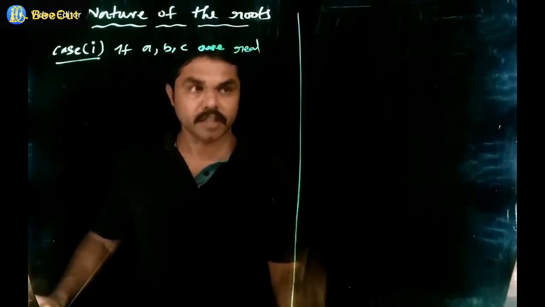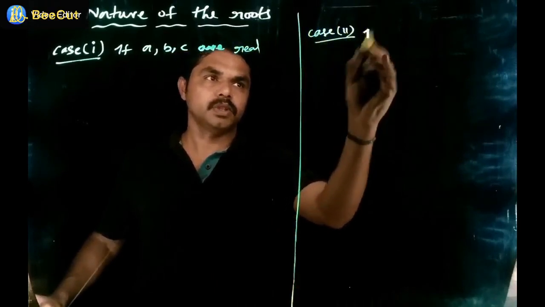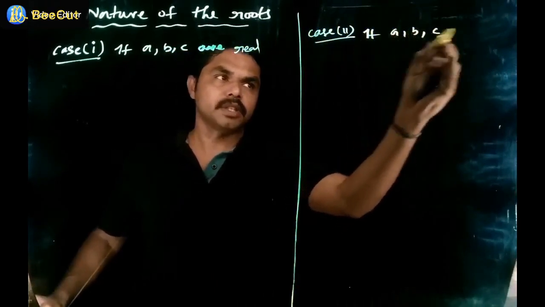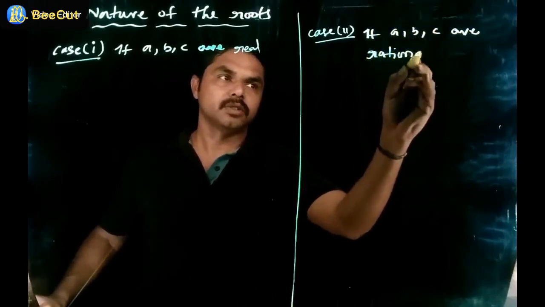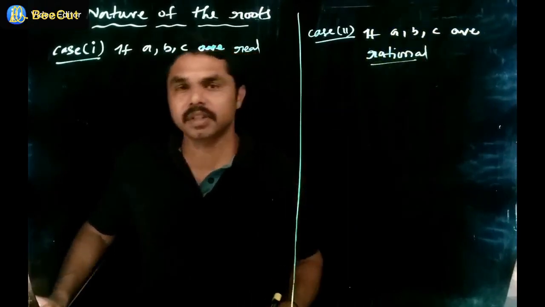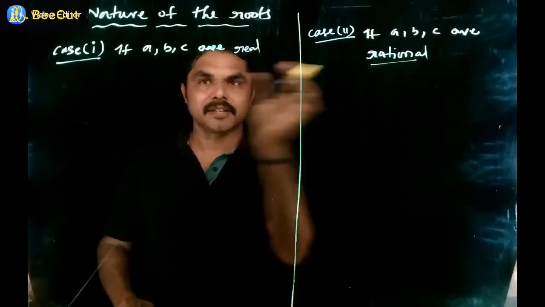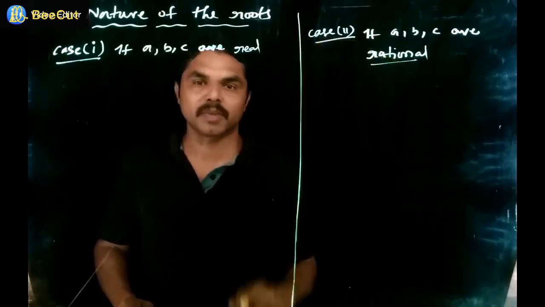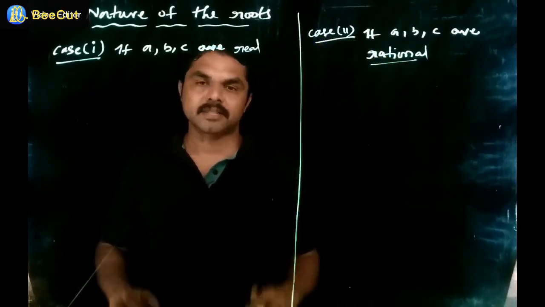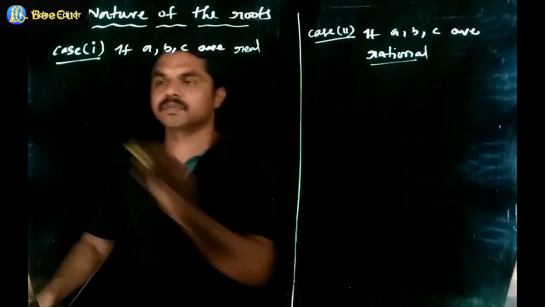In the same way, case 2: if a, b, c are rational numbers. Here you should remember one point: every rational number is a real number, but every real number need not be rational. For that aspect, here we have 2 cases. First come to case 1.